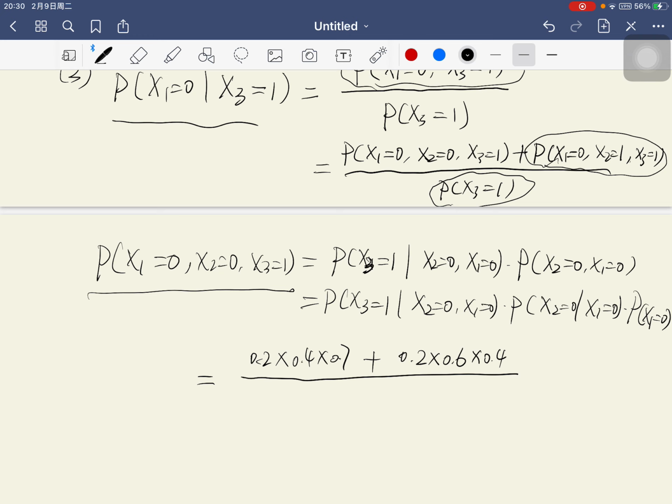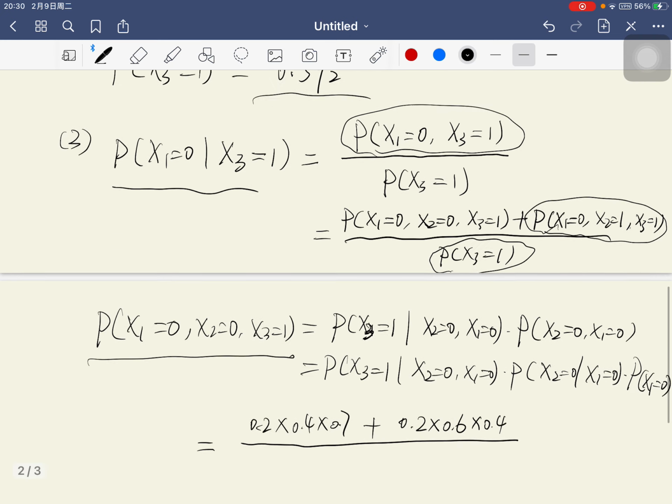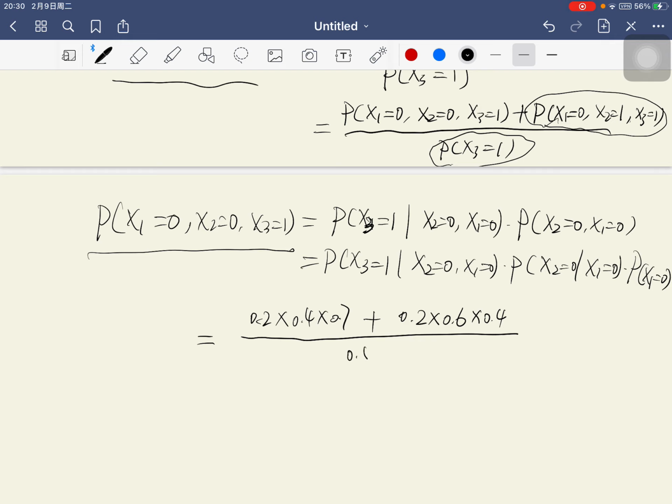The probability of x3 equals 1 is 0.592, so it is about 0.1757.